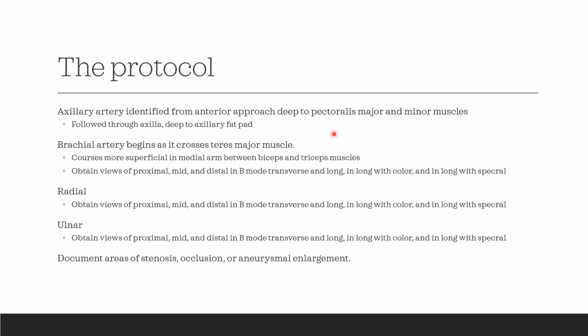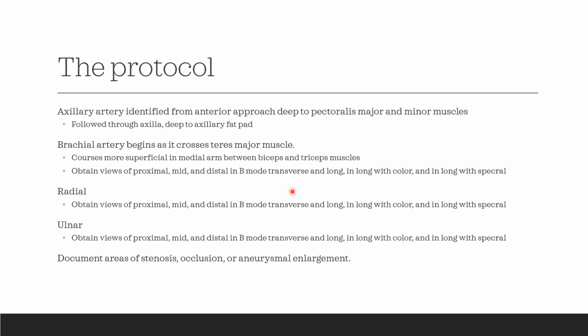At this point, you can assess that brachial artery in proximal, mid, and distal. Again, you're going to want to use transverse B mode, long B mode, long with color, and long with spectral, and take your peak systolic velocities with those in the proximal, mid, and distal regions.